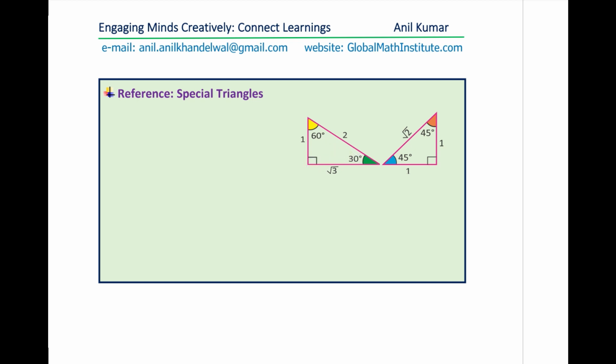The triangle 30, 60, 90 has the side ratio of 1 is to square root 3 is to 2, and it is maintained in similar right triangles. So for your reference, I'm writing down these values here. You can use similarity of triangles to answer the second set of questions.